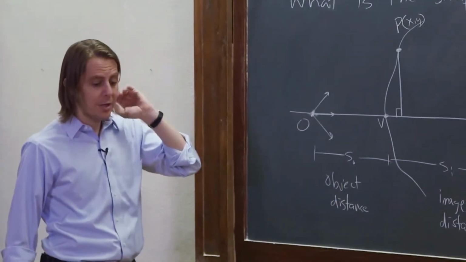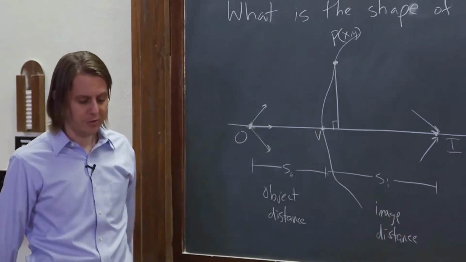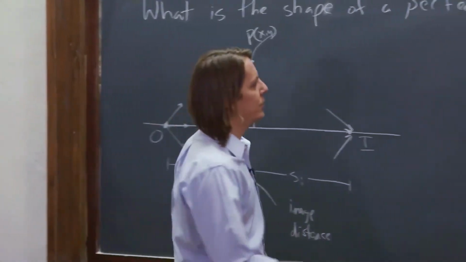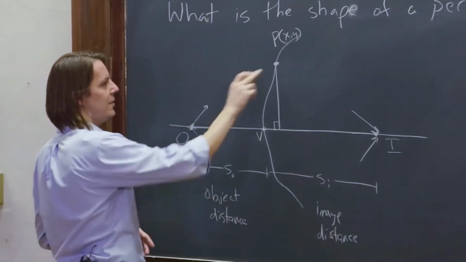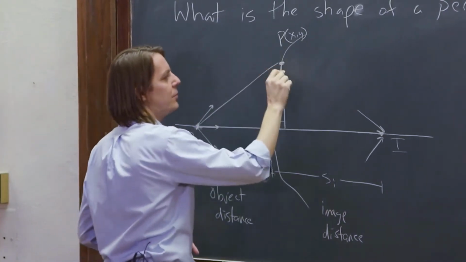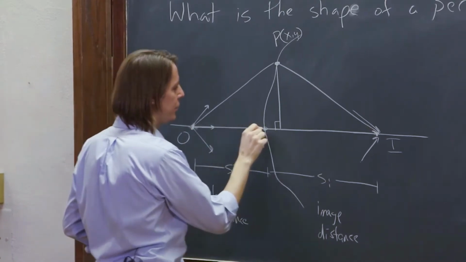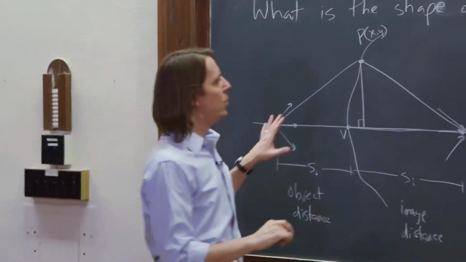Our job is to figure out P of x, y, the P of x, y that brings these rays together isochronous. So we want to look at two of the rays: this ray that will refract like that, and this ray that will go straight through. Those are the ones we care about.